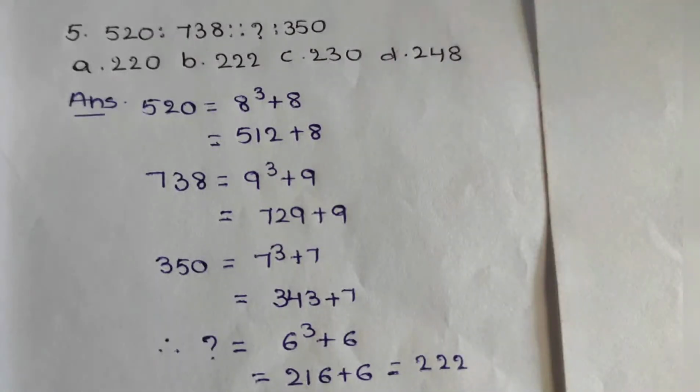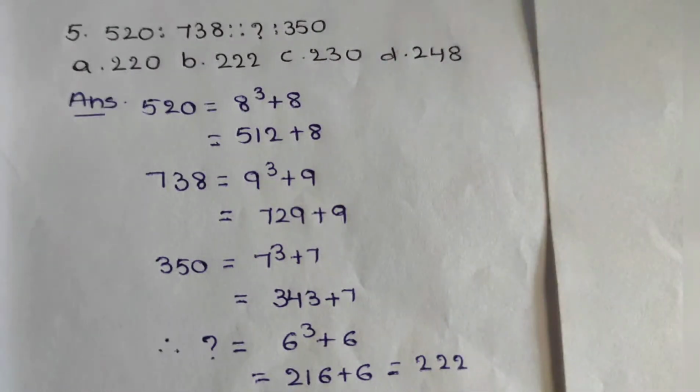So here 520 can be written as 8 cube plus 8. So 8 cube is 512 and if we add 8 to 512 it is 520. And the second number is 738 and this 738 can be written as 9 cube plus 9. Similarly 350 can be written as 7 cube plus 7, which is 343 plus 7.